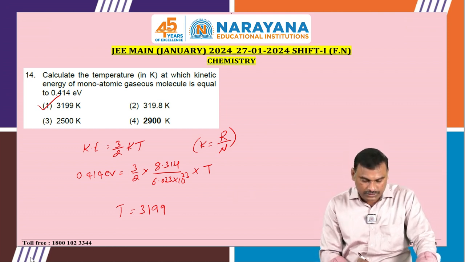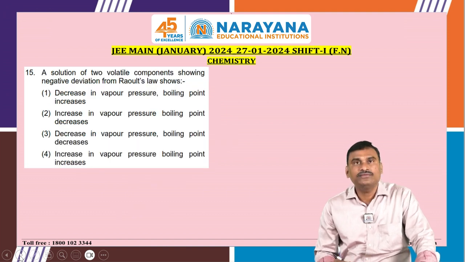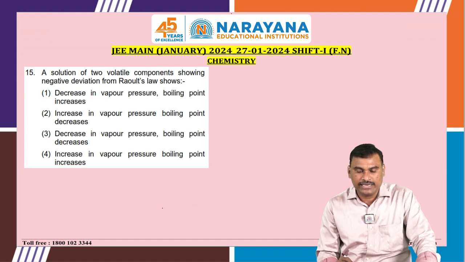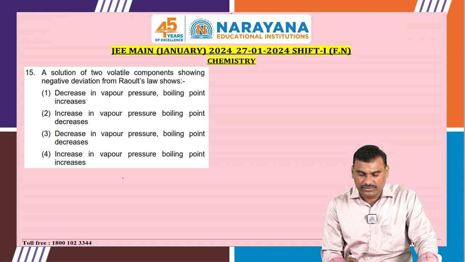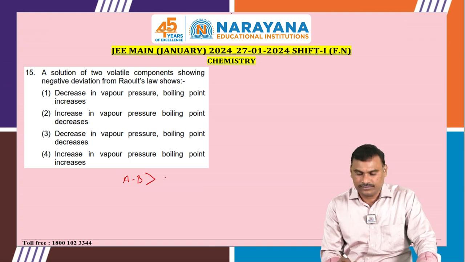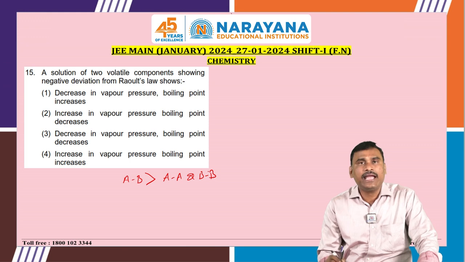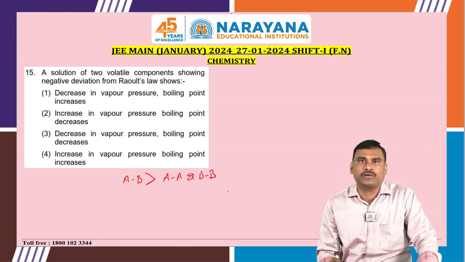Now let us go for the next question, student. 15th one, a solution of two volatile components showing a negative deviation from Raoult's law. Negative deviation from Raoult's law means A-B interactions are greater than A-A and B-B interactions, where A and B are the two liquid components.